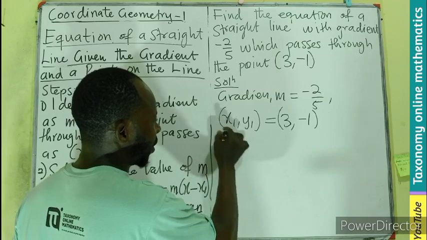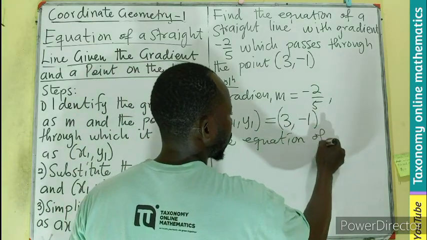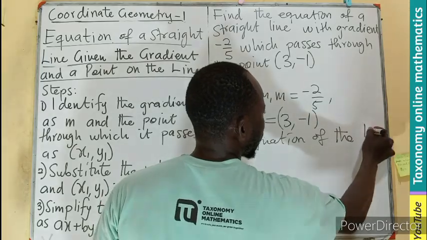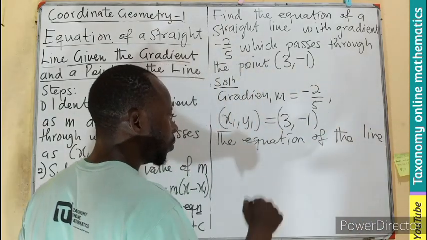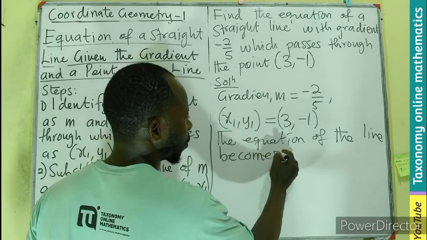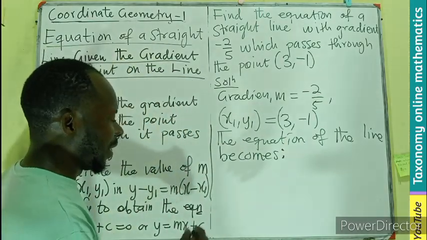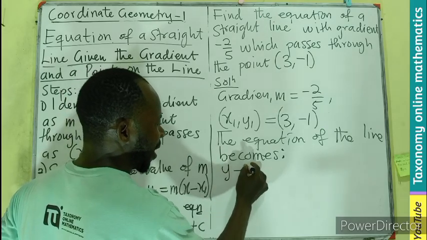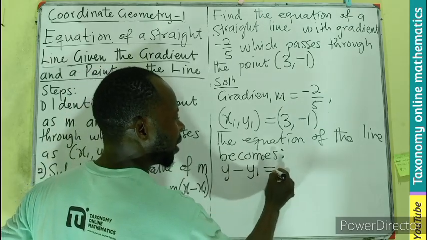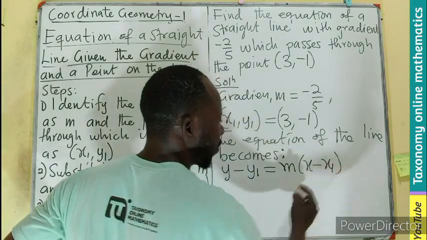So the equation of the line will now become y minus y1 equals m times x minus x1.